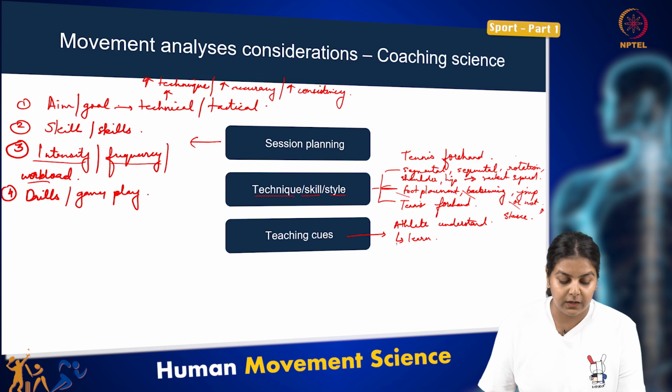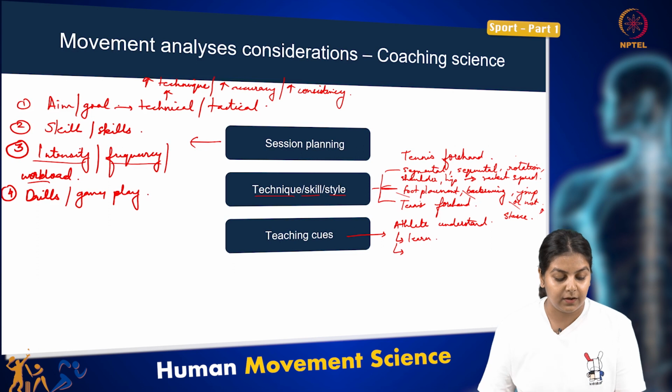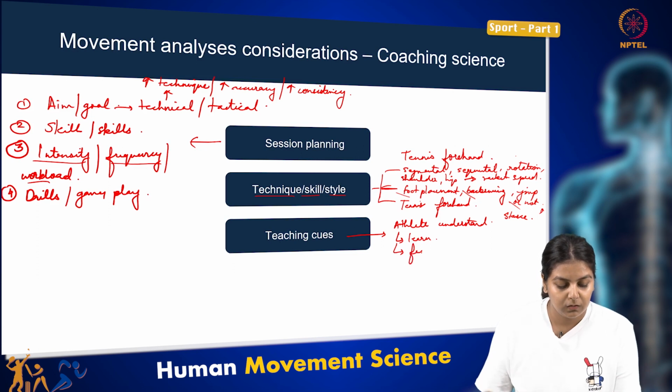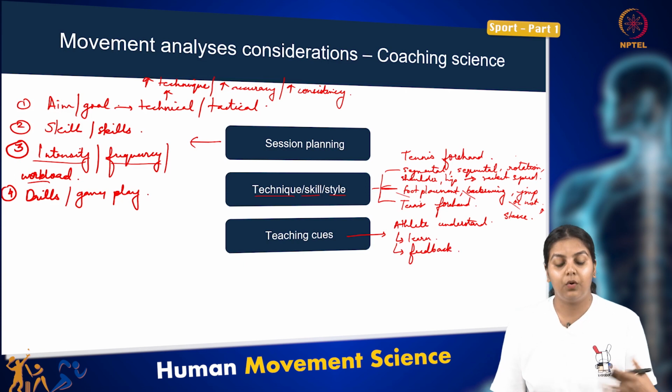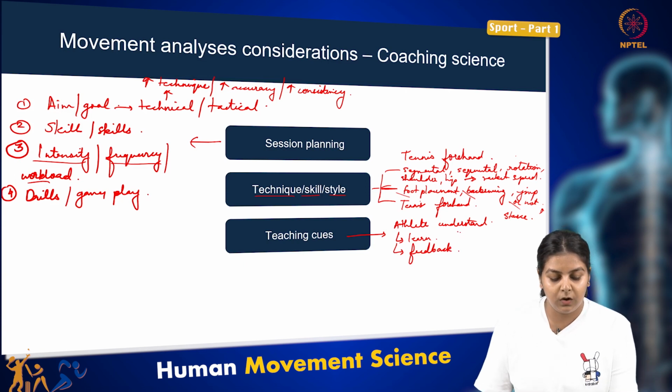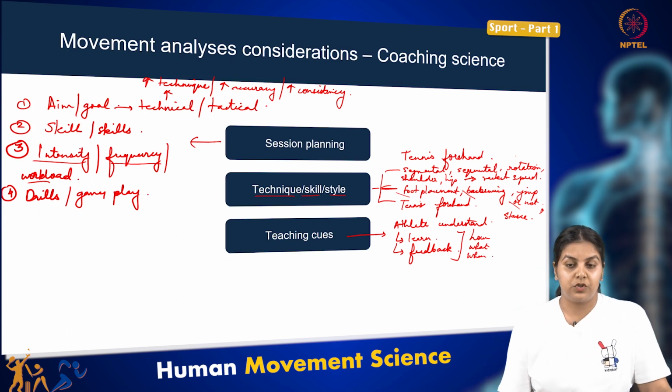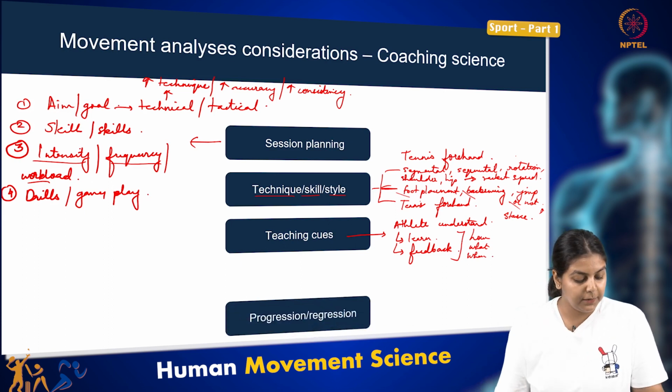Is he an independent learner, or does he need to be fed again and again? Based on that, you would decide what feedback to give or how to give the feedback. So with learning and feedback, the questions that you're answering are how, what, and when. Quite important as coaches to understand these.